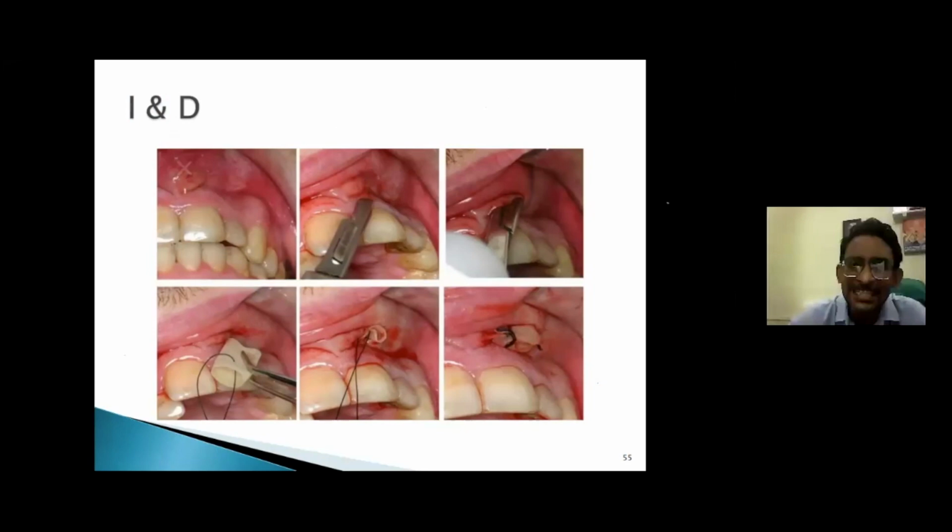Once we do this incision, the pus will come out and drain, and then we have to apply the rubber drain, and then we can suture this rubber drain in the vestibular region. This will help in instant relief of the pain and swelling, and then we can proceed with our general root canal treatment by access opening and further treatment.